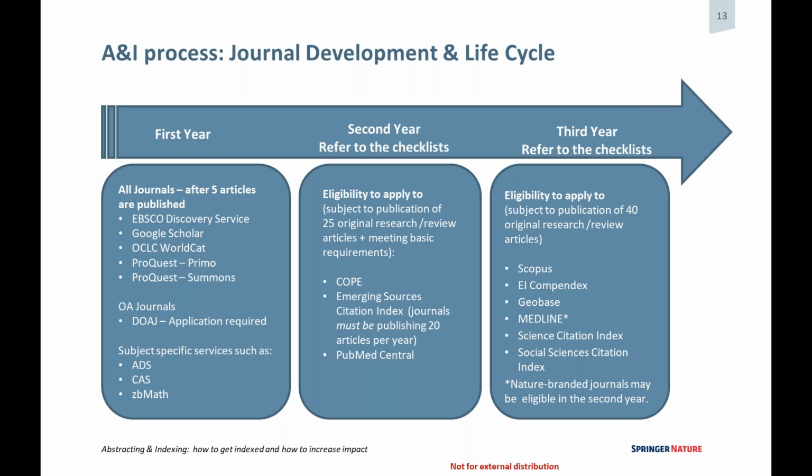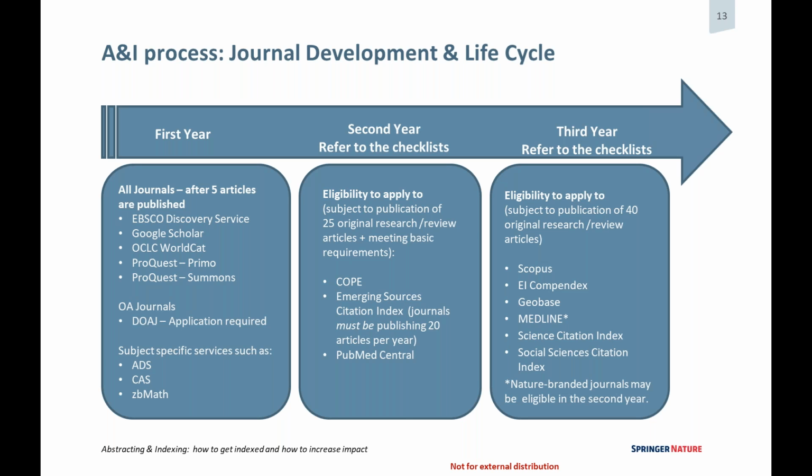So if your journal hasn't been publishing for 2 years, it is not going to get selected for Scopus unless it has an excellent reputation like Nature branded journals. Nature branded journals many times get selected in the first year itself, but those are exceptions. For the majority of journals, it has to wait for 2 years in order to get selected for Scopus evaluation.